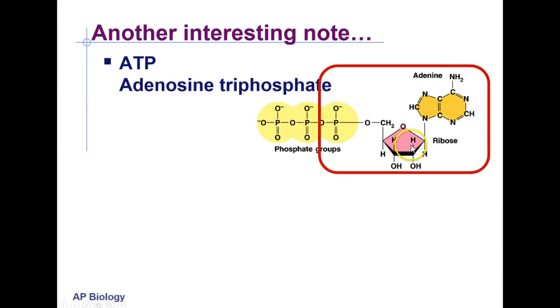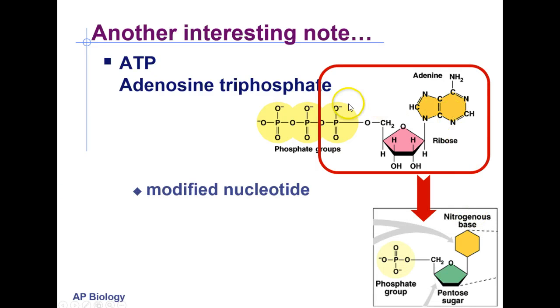ATP, adenosine triphosphate, an energy molecule in our body, is also a nucleic acid, though not made as a polymer. So it's just like a single monomer that exists to help us move and do things within our body.